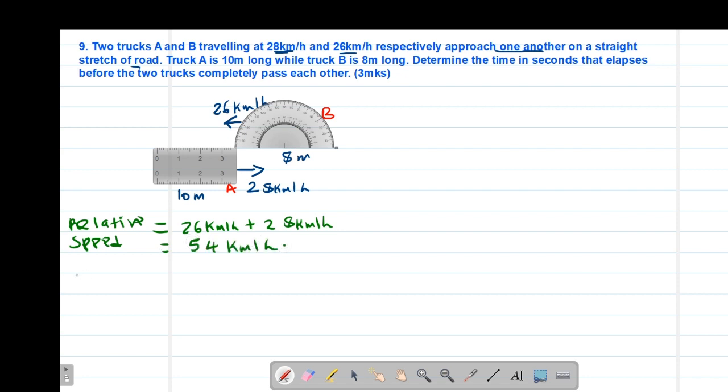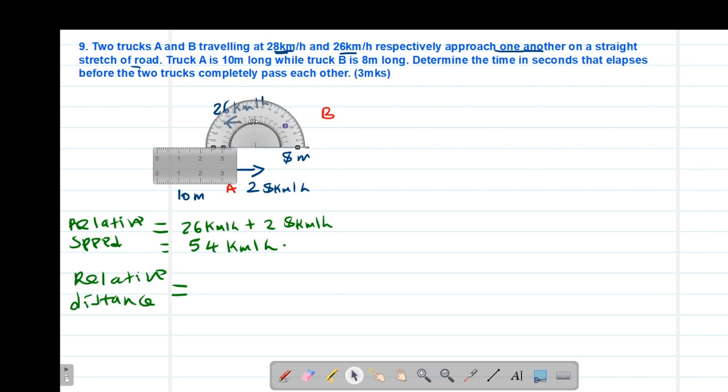Then you also find the relative distance between these two bodies. Relative distance will always be the sum of the lengths of the two bodies, because when we talk of them completely passing each other, body B has to move up to this point.